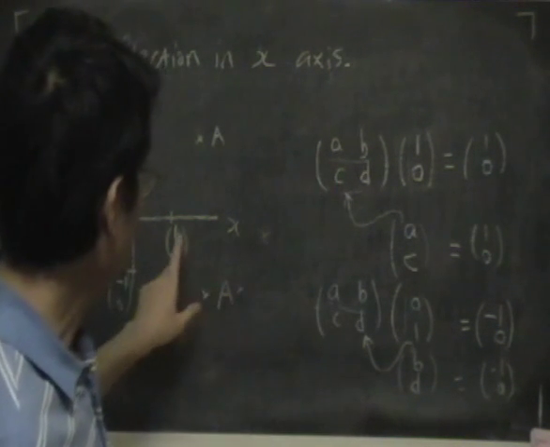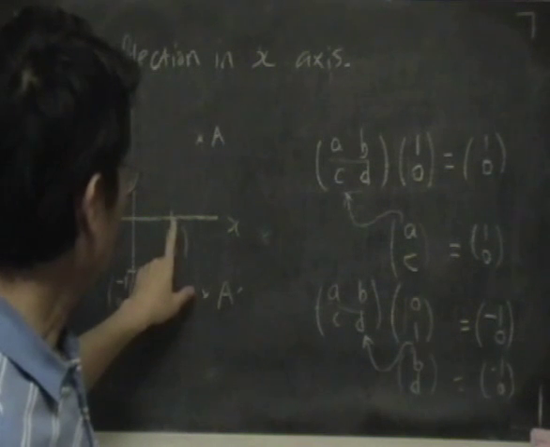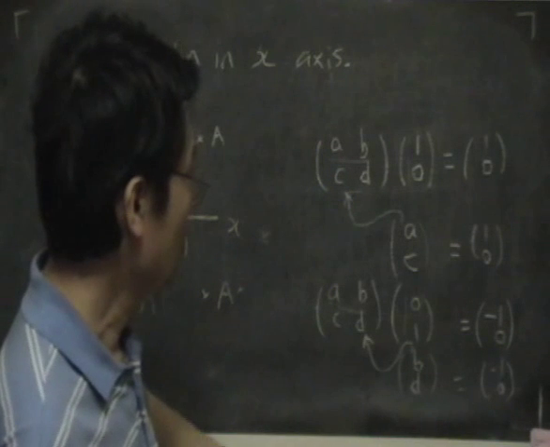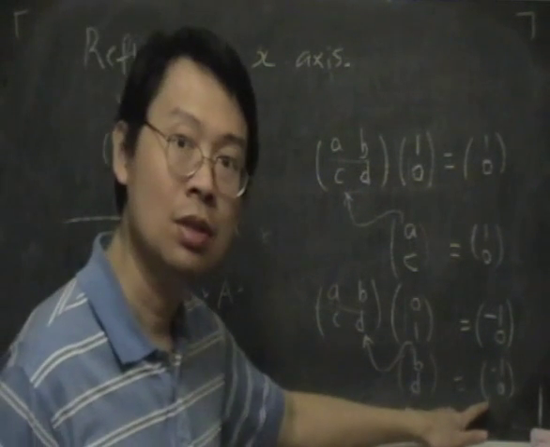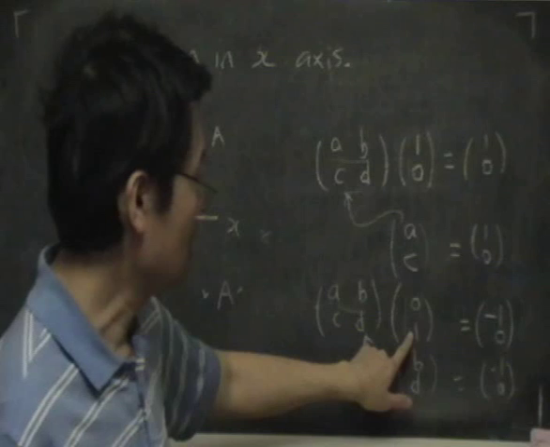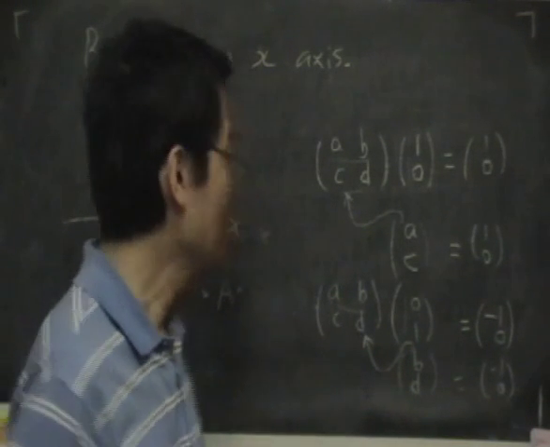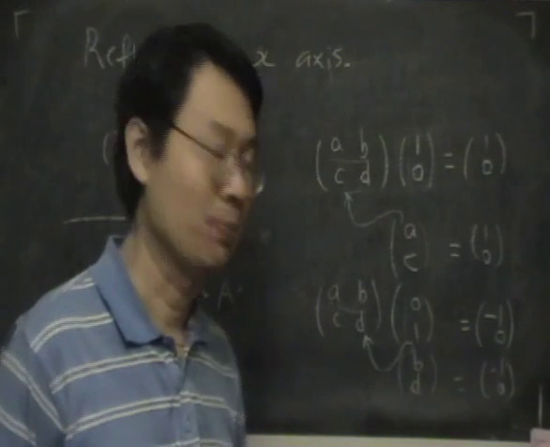So the image of the point 1 on the x-axis gave us one column, and the image of the 1 on the y-axis gives us the next column. And that is useful to remember.